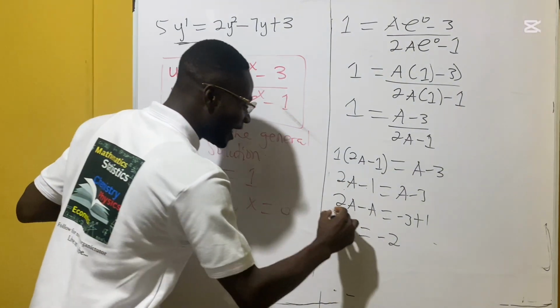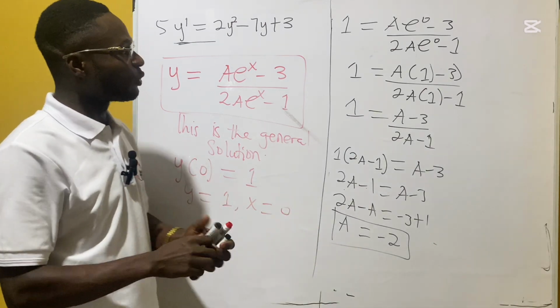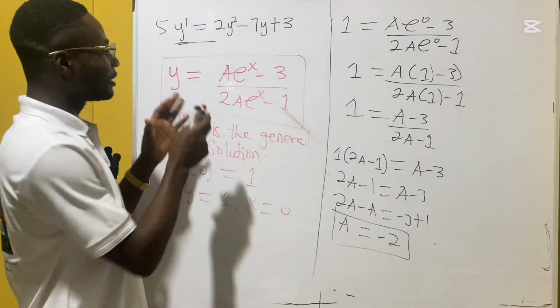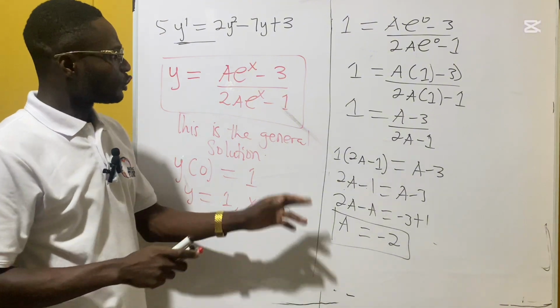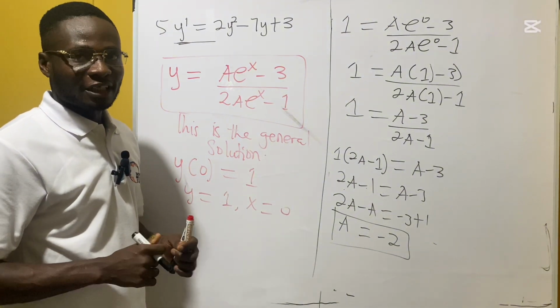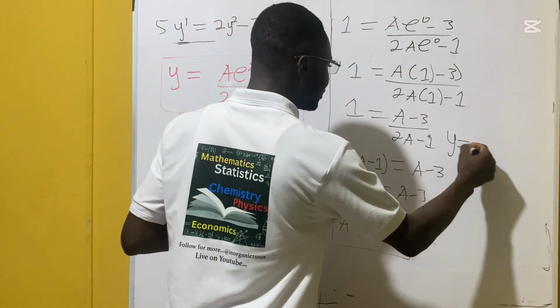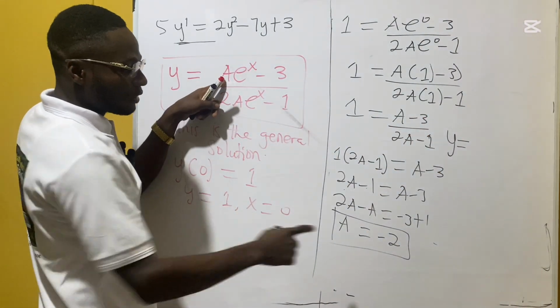Right, so now we have our constant, right? So once we have our constant, we substitute into the general solution, and then we have our final simplified solution, right? So now we have y is equal to, our a now is negative 2.